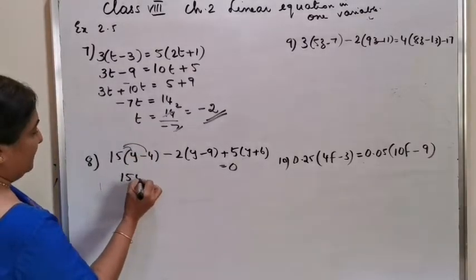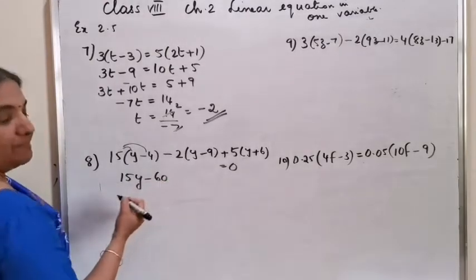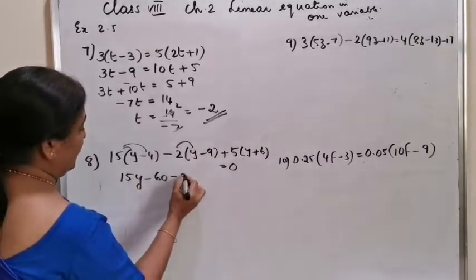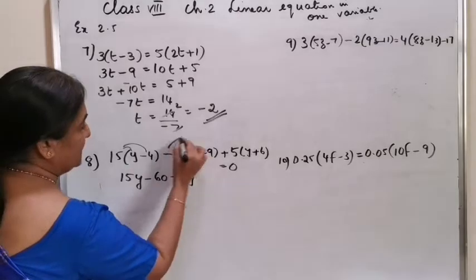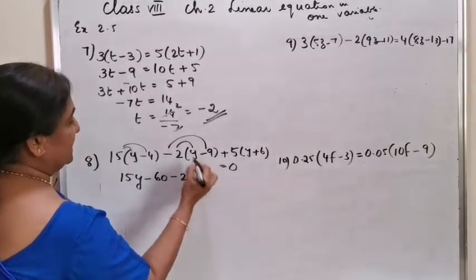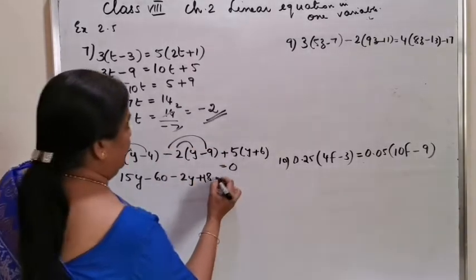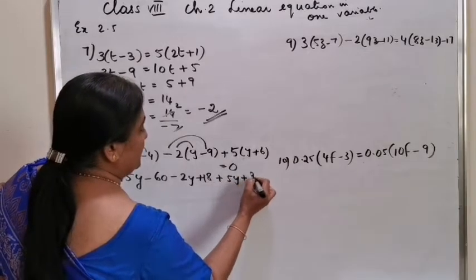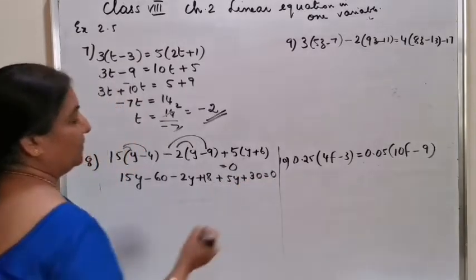Expanding, 15y minus 60. Again, be careful, minus 2y, minus into minus, plus 18, plus 5y plus 30 is equal to 0.